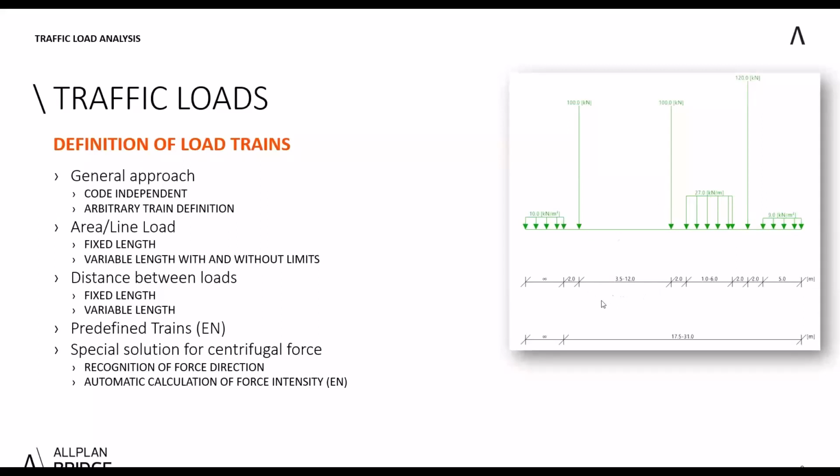Between the loads, we can have some distances. The distance can be constant, like seen here, for example, or it can be varying between two values, 3.5 and 12 meters in this case. Of course, it's just an example. And the uniform loads themselves can also have a fixed length, like you can see here, 5 meters, or they can change between a certain interval, let's say between 1 and 6 meters for this load.